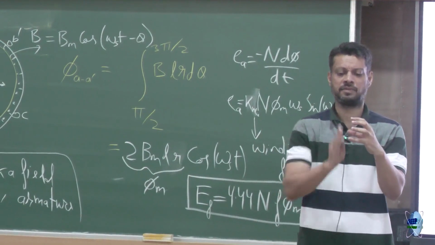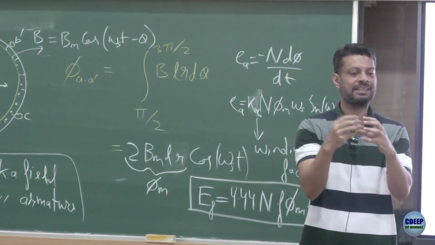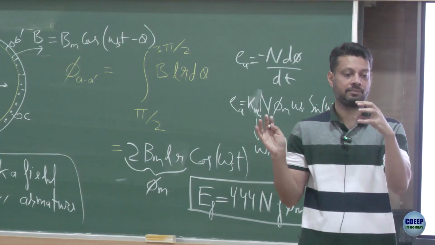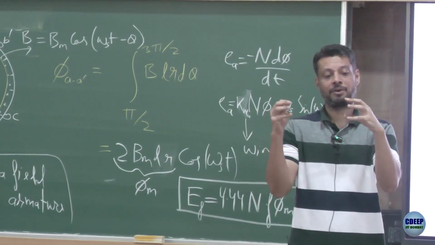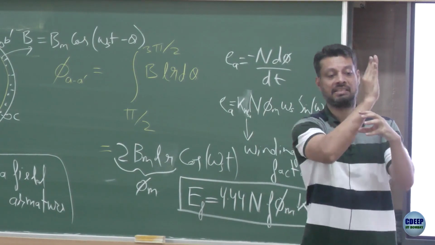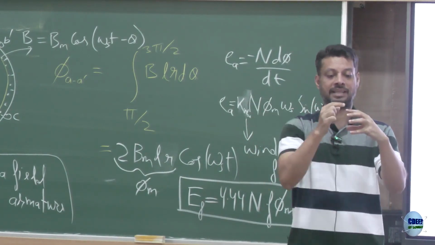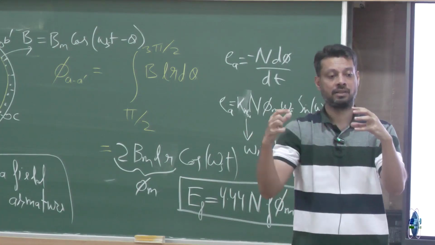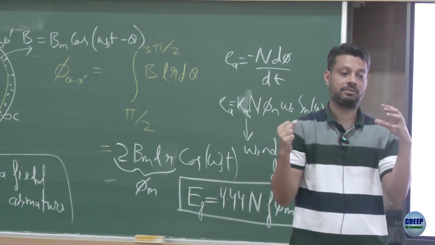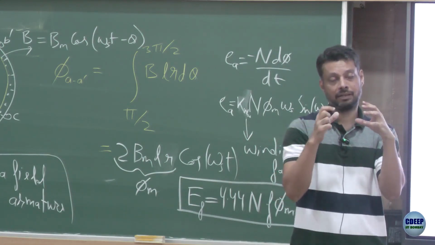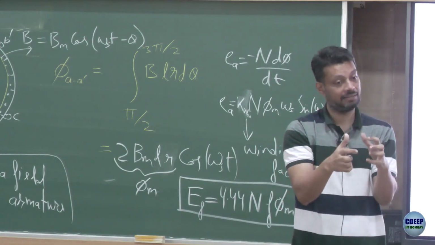The lines may be going like this, like this, like this. I don't know, but I am just calculating the total flux linking the turn.